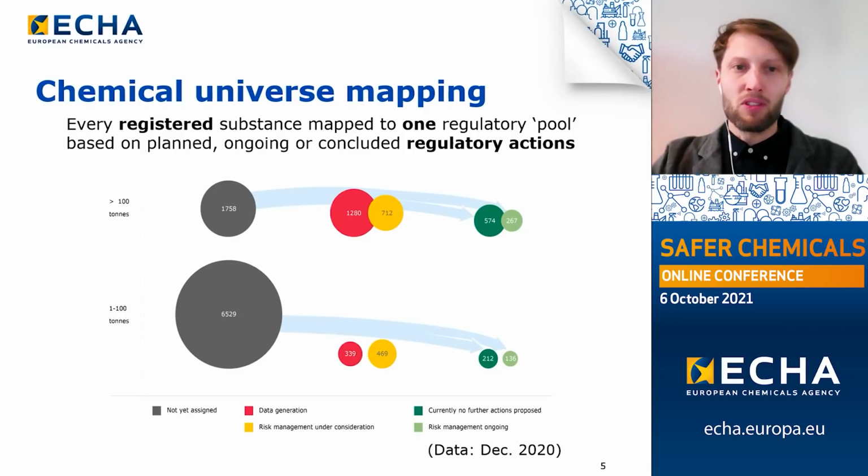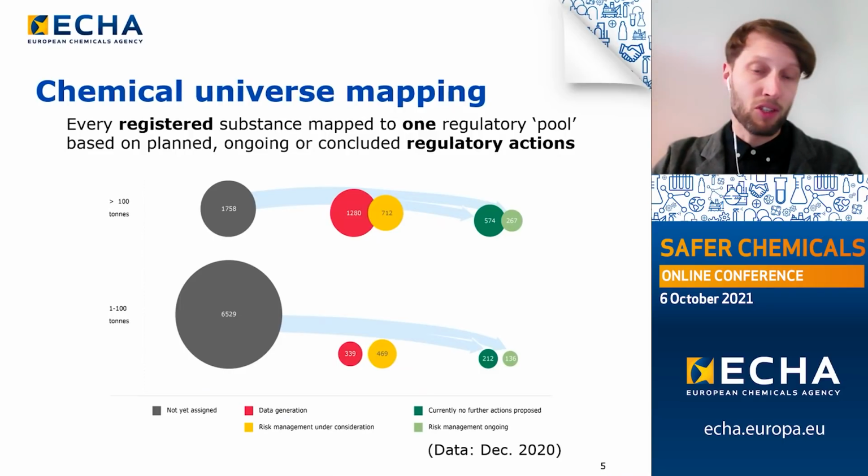In this picture, it would start from the left, from the gray bubbles, so to say, where we say, okay, these are the substances that have not been thoroughly assessed yet. And it moves through data generation or consideration of risk management measures towards the right side, into either the stream that I explained earlier, where we say, currently we do not see a need for further action, or to risk management ongoing, which is, for example, that there would be a restriction in place.